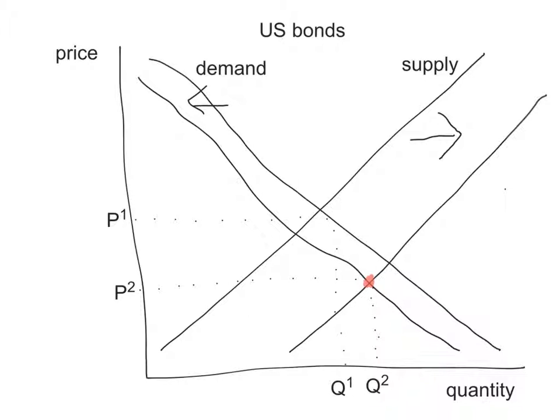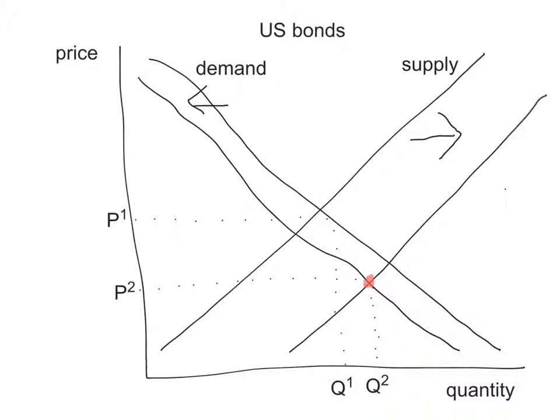To repeat, what the story in the previous slide told us is there was an increase in supply of US bonds and a decrease in demand for US bonds. The decrease in demand for US bonds occurred because a competing asset, the European bonds, had become more attractive to buyers by offering them a better yield than previously.